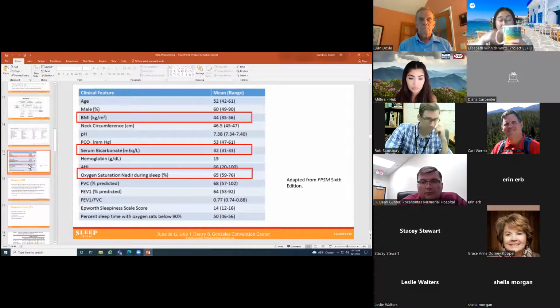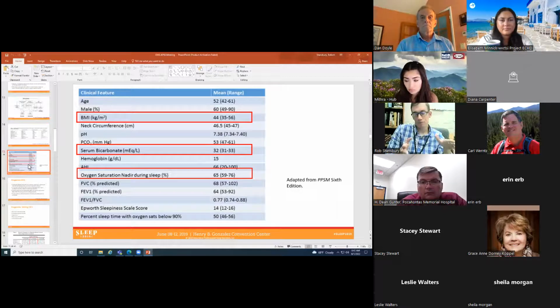So one thing I always keep in mind with these folks is the BMI cutoff, which is 30 per the ATS guidelines. But once you start getting in that 40 range of BMI, that's where you really start seeing this uptick in people. No one does ABGs anymore, but a pretty good screening test is a serum bicarb, which you get on your basic metabolic panel. And the other thing I'd call your attention to is the oxygen saturation nadir.